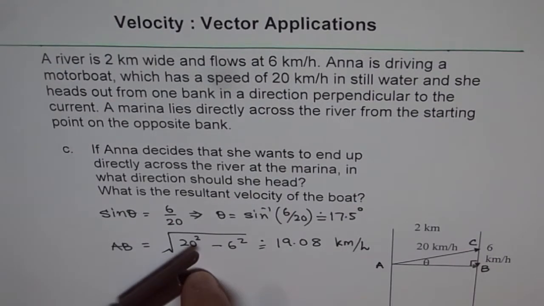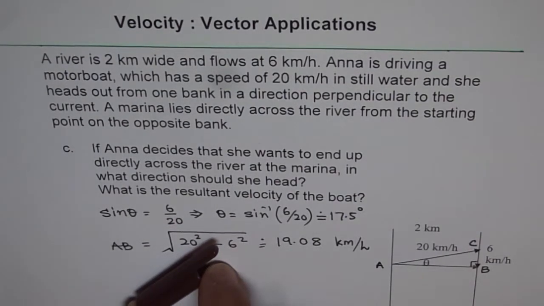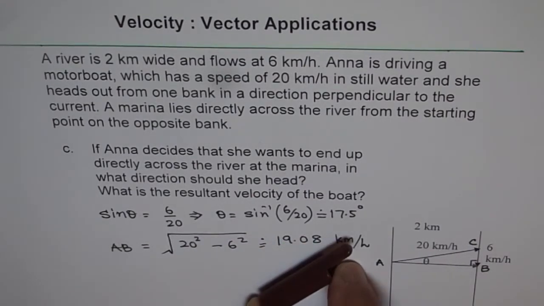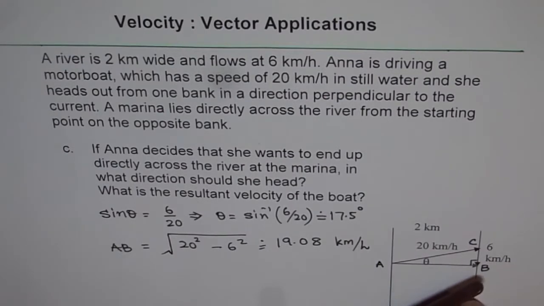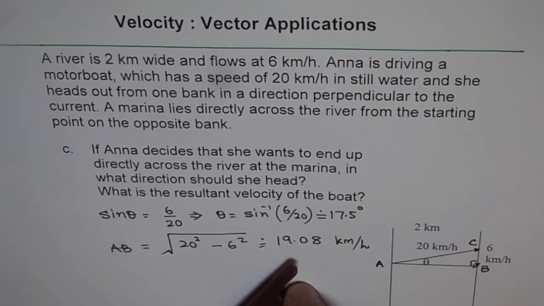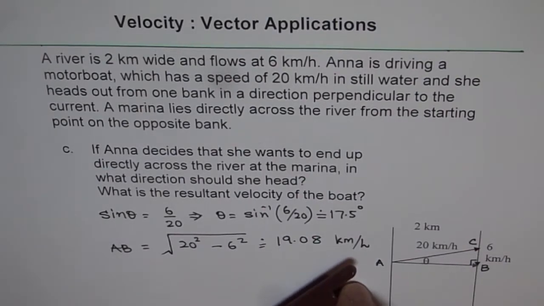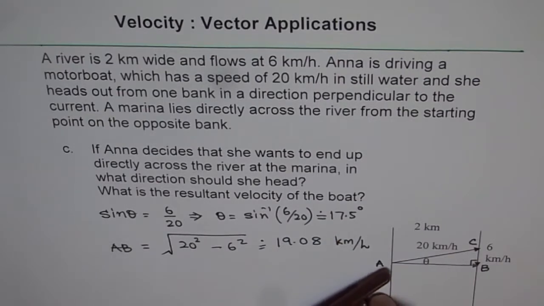Let's say this is the boat direction. Because Anna heads in this direction, when you see from the ground, you will see that the boat is pointing like this, but going right across. That is how. And so Anna will land from A to B with a relative velocity of 19.08 kilometers per hour, and this heading, this direction, is 17.5 degrees from the horizontal.